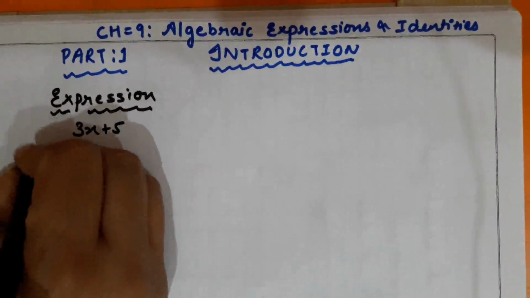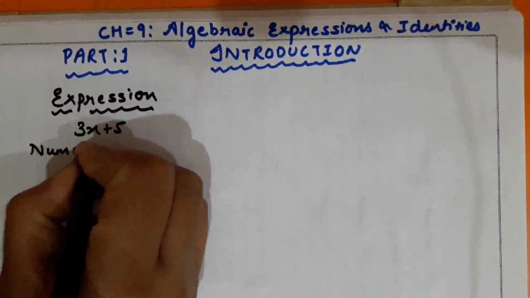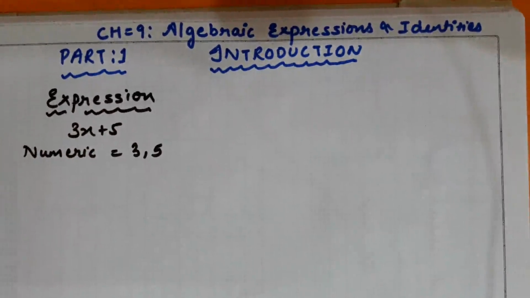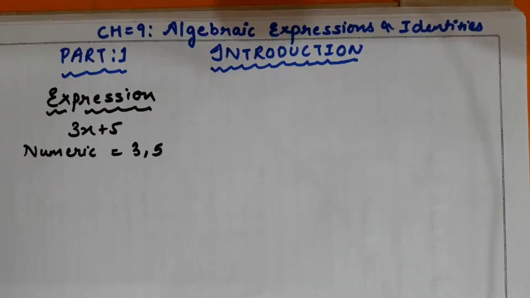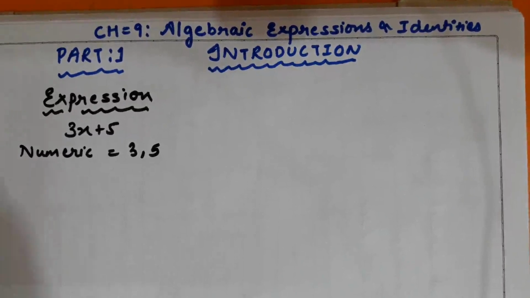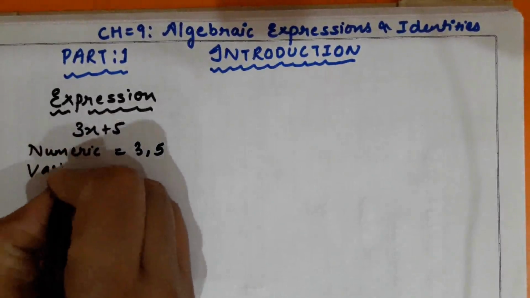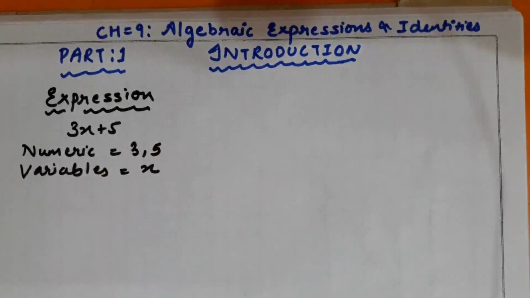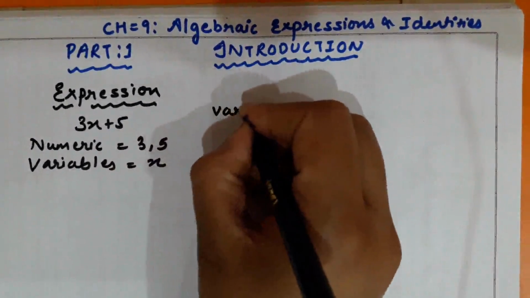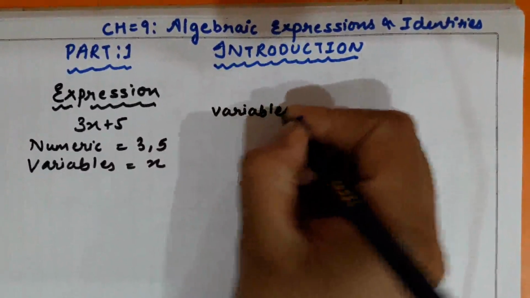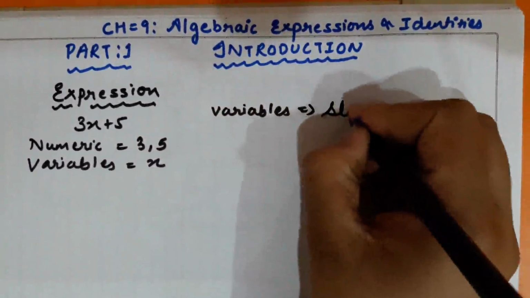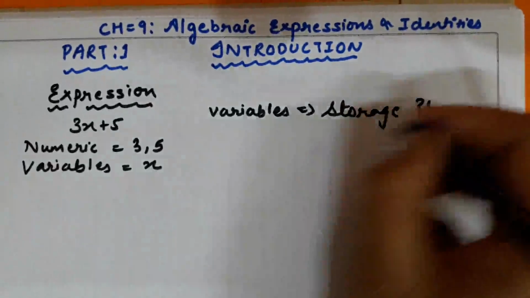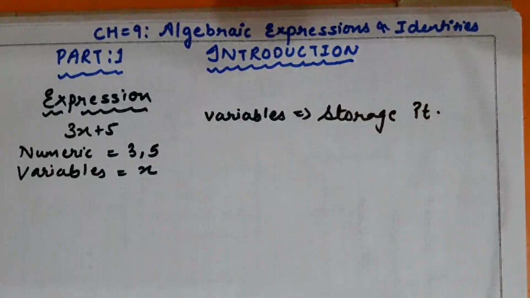Because in this, numeric values, that is 3 and 5, and variables both are participating. Variable is x here. Variables are the storage point. So this is called expression.